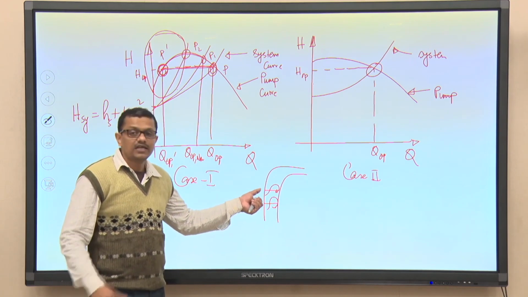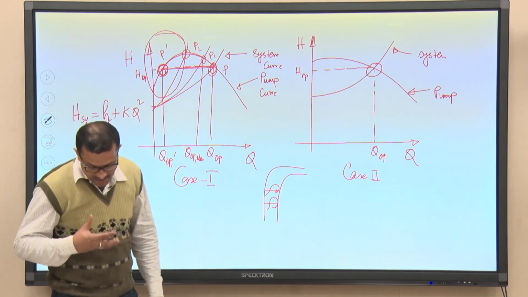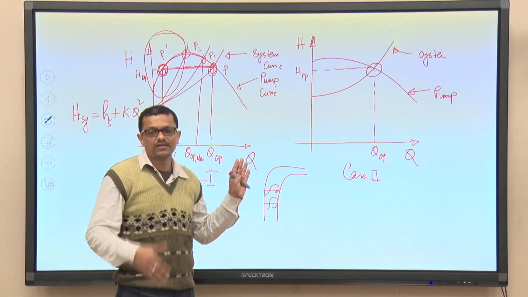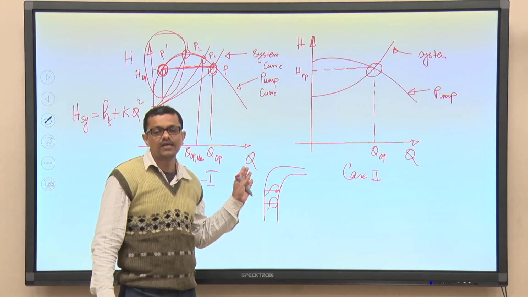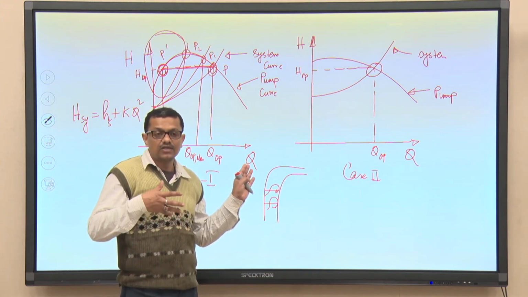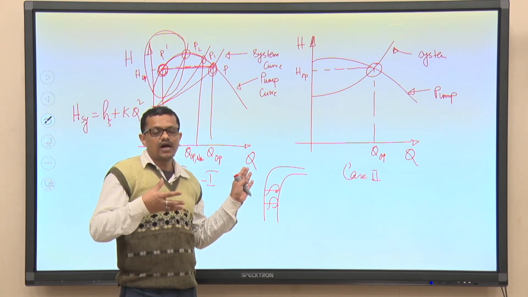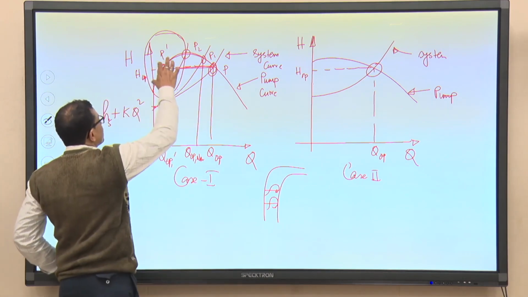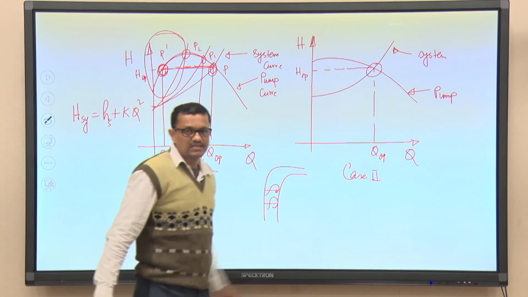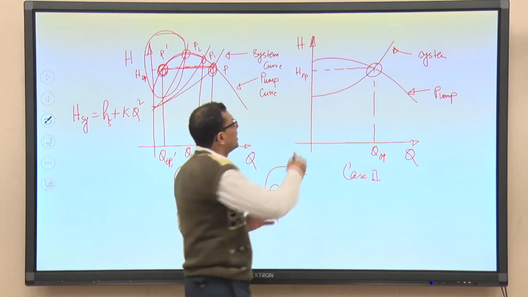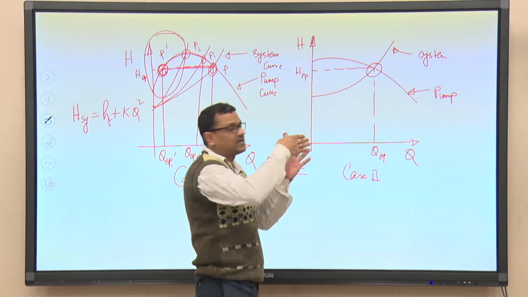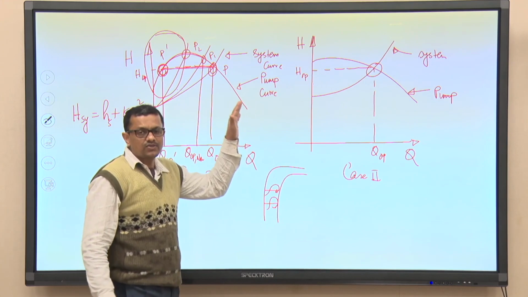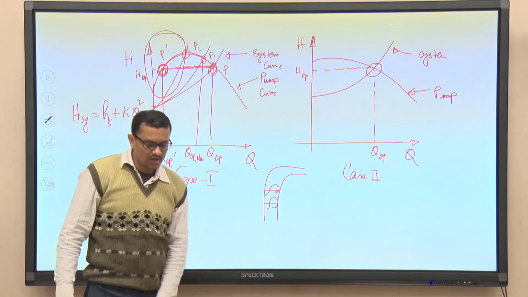But if we consider the kinetic energy correction factor, it can be used to maintain the uniform velocity in the suction line, so that the effect expected from the separation losses in the suction pipeline can be minimized. If it can be minimized, then perhaps this nature of the H-Q curve can be prevented, and the pump manufacturer or designer can supply this kind of pump characteristic curve, so that the problem associated with this kind of operation can be prevented.